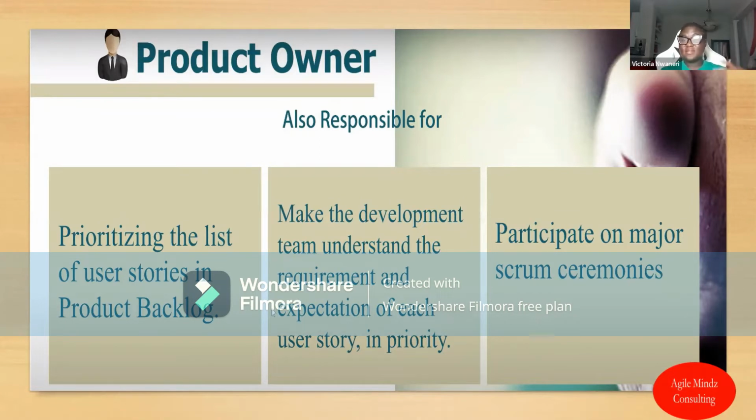And build business value or deliver value at the end of the sprint. They're also responsible for participating in major Scrum ceremonies, right? And we're going to dive into some of those ceremonies and what it would look like for each role, right, within those ceremonies. Am I missing anything, Mr. Clark?